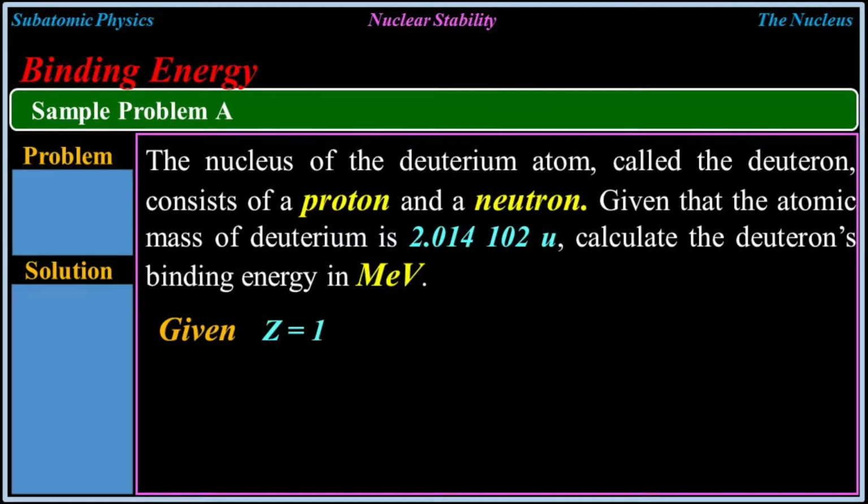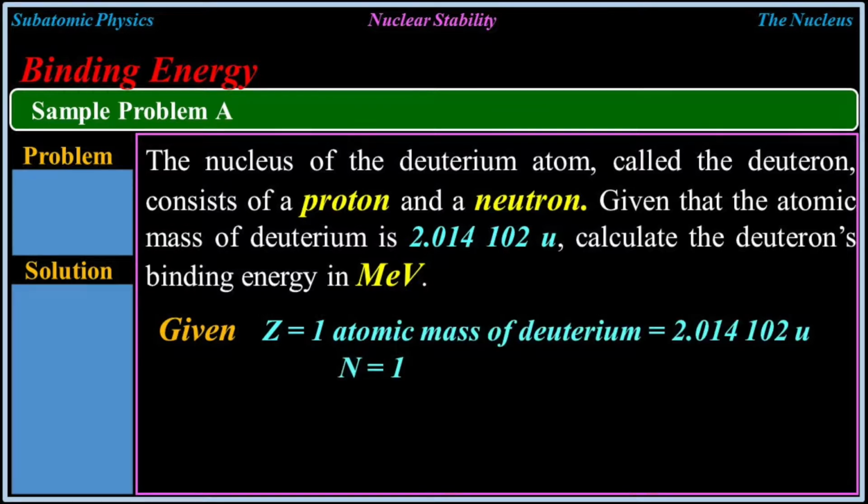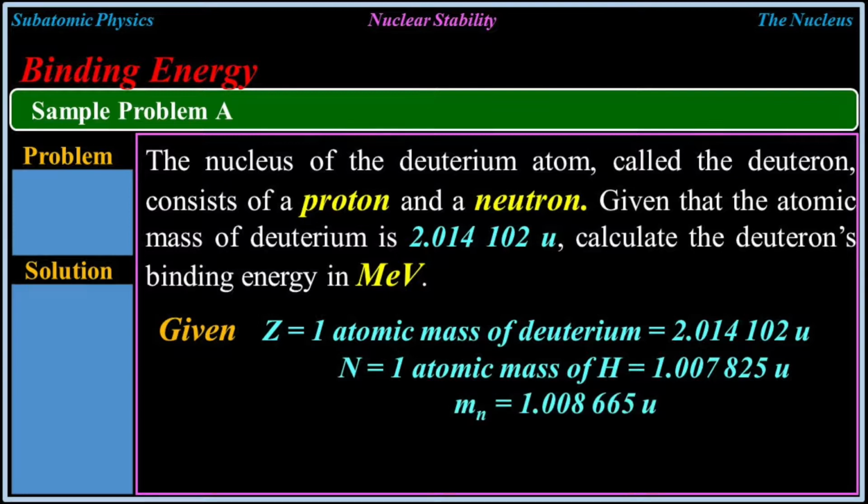Z equals 1, it's hydrogen, there's one proton. The atomic mass is given. N equals 1 means it has one neutron. And the atomic mass of hydrogen is 1.007825 U. And so the unknown is going to be the binding energy.